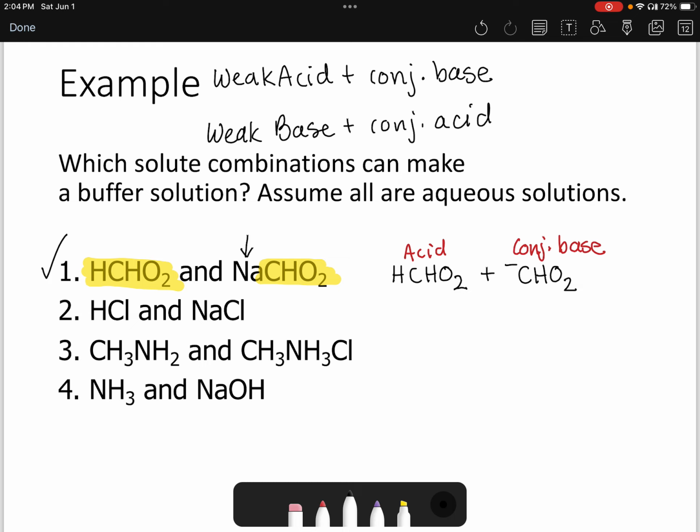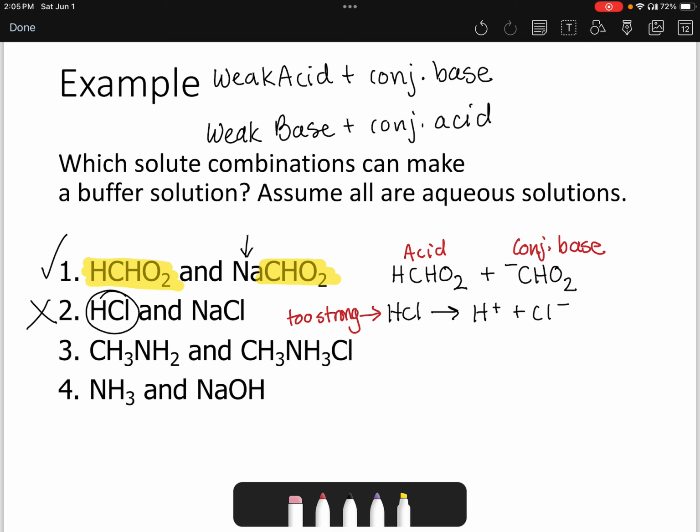Now, unfortunately, HCl here is too strong, and we wouldn't end up with any equilibrium. We couldn't go back and forth because HCl completely ionizes in solution. So this would not work. HCl is too strong. So that could not be a buffer system.